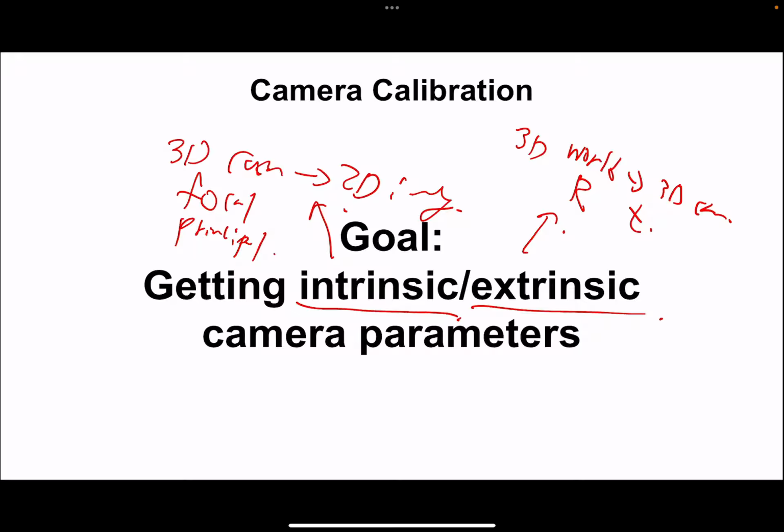The 3D world coordinate system is some canonical or reference coordinate system, and the camera coordinate system is defined for each camera, so we apply 3D rotation and 3D translation. There is no ambiguity, just matrix multiplication. That's all for extrinsic. So our goal is getting both intrinsic and extrinsic parameters. That is, in one sentence, camera calibration.